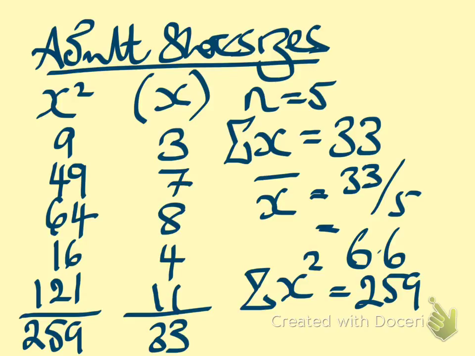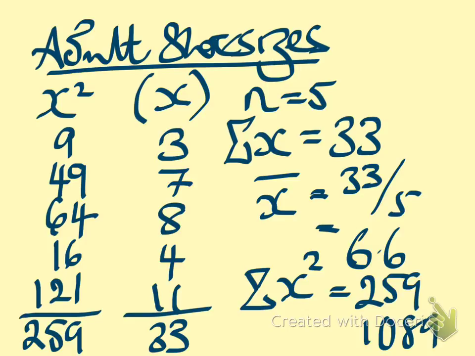In addition, we want to know the square of our x sum. So here we have our sum of x's, which is 33. If we square 33 using our calculator, 33 squared is 1089.